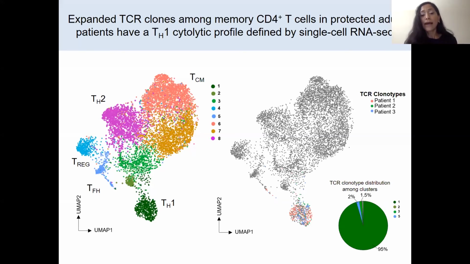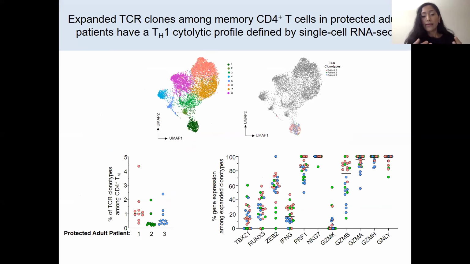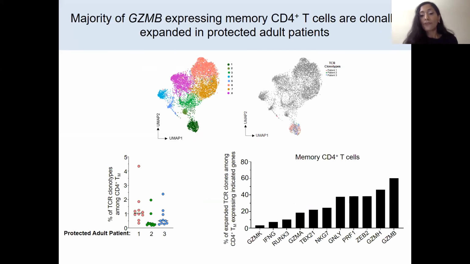So in the next slide, I want to show you that these expanded T cell clones made up about 0.5 to 1% of the total memory T cells in the 3 patients. And in the right plot here, we found that they express very high levels of transcripts encoding effector molecules, such as the Granzyme family of molecules, as well as the ZEB2 transcription factor. On the next slide, what we also found was that if we focused on the cells that express these effector molecules, it's mainly the cells that express high levels of Granzyme B that capture a majority of these expanded T cell clones.